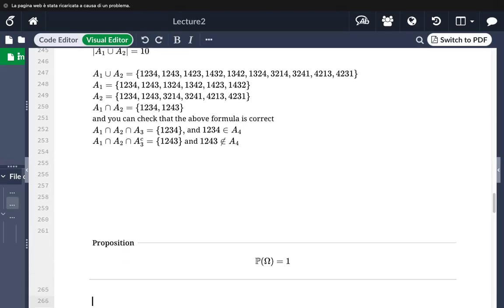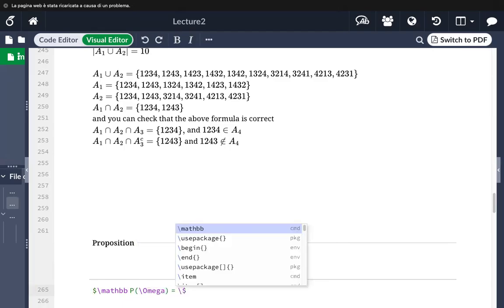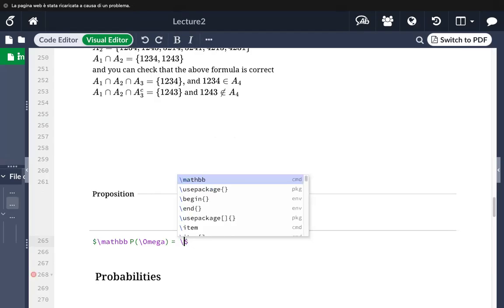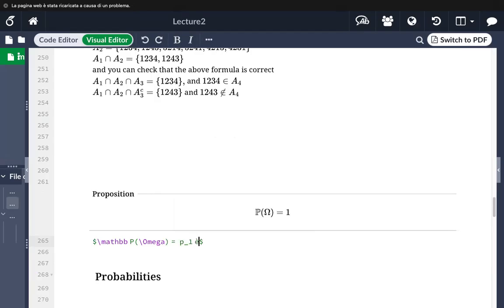So an element of the sample space will happen for sure. Why is that? Well, because the probability of omega is simply equal to the sum of the probabilities of the elementary events that compose omega, which are simply P1 plus P2 plus ... plus Pn, and we have required that they sum to 1.